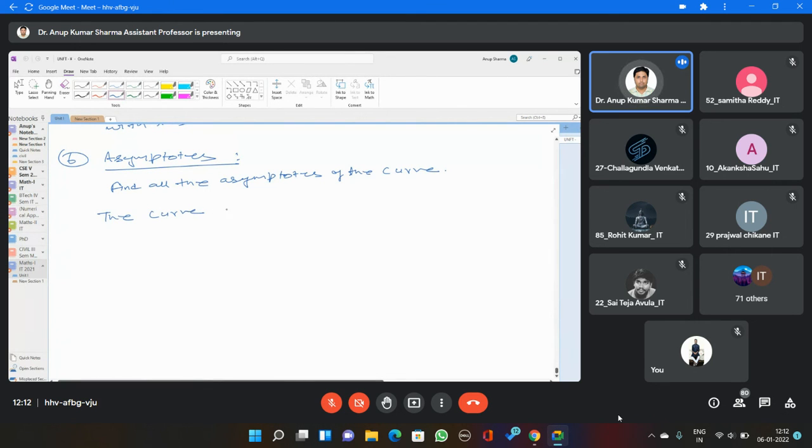The curve will not go beyond its asymptotes. It means it's not crossing them. That means it is always inside. It does not go beyond them because it is not crossing these things.